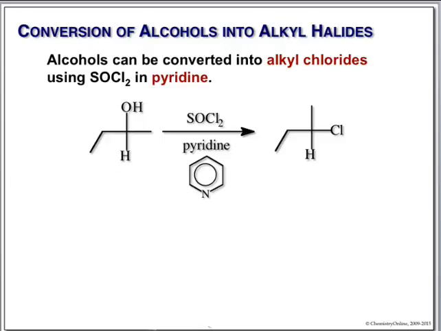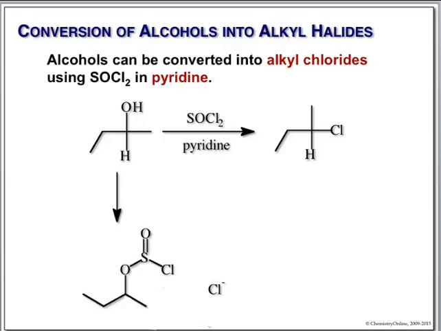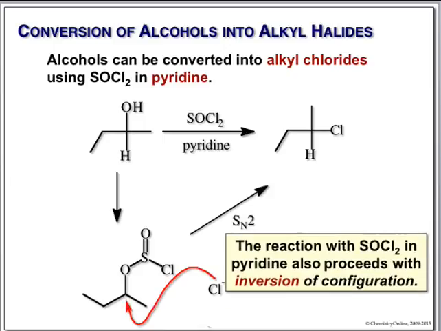The hydroxyl group will attack the sulfur, and we will form the chlorosulfite ester. In a second step, then, chloride will attack, and we do the SN2 reaction. Once again, inversion of configuration.